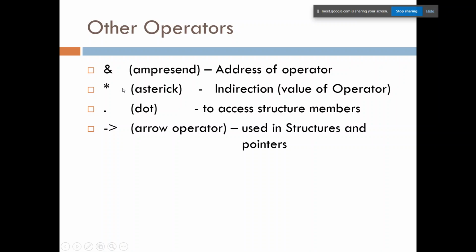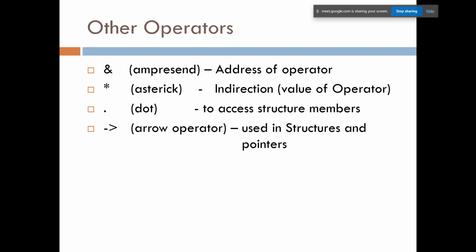If you go to further chapters like structures, there we use the dot operator, which is used to access any member of a structure. For example, if you have a student structure, like student dot roll number, student dot name, student dot course, you can use the dot operator.